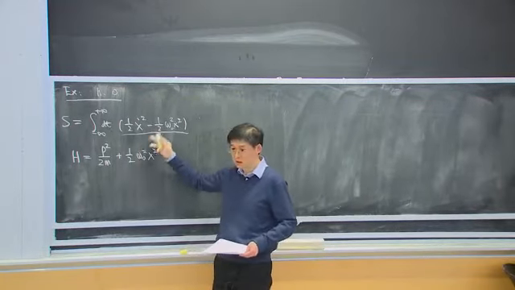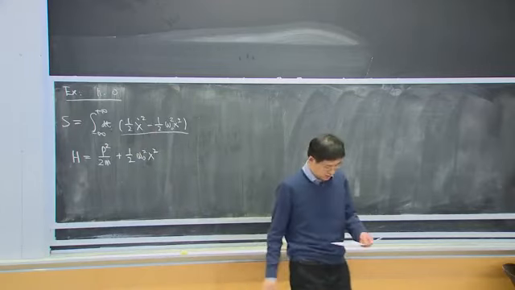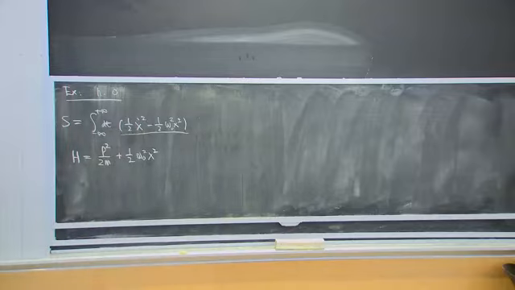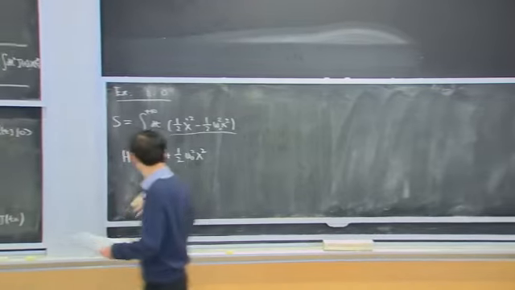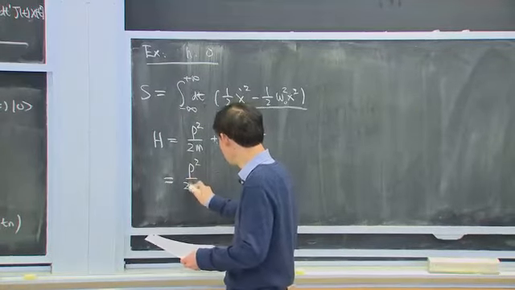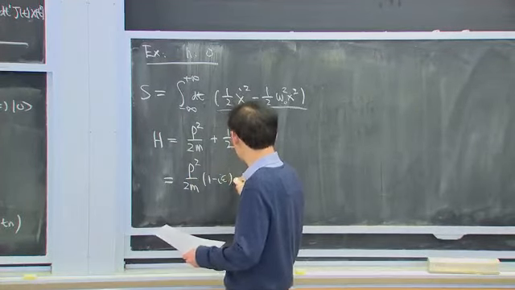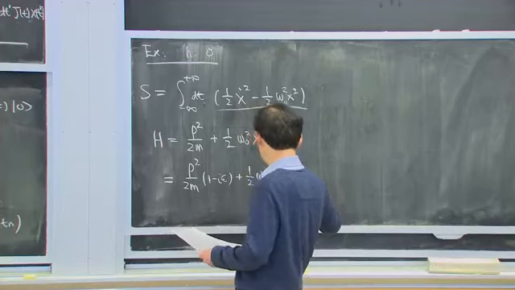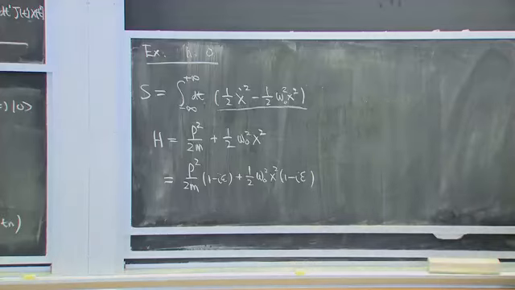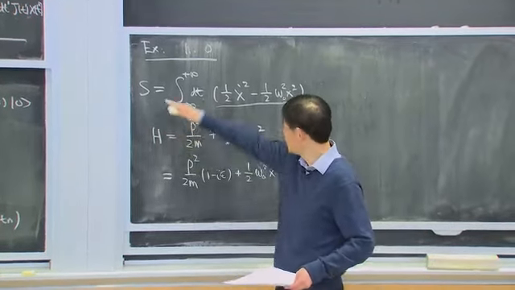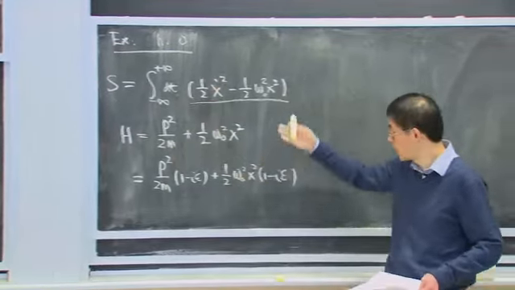They are related by the Legendre transform. Now we go from H to H minus i epsilon, so this becomes p squared divided by 2m times (1 minus i epsilon), plus 1/2 omega 0 squared x squared times (1 minus i epsilon). You multiply both terms by 1 minus i epsilon. Then to obtain the corresponding S, you do another Legendre transform back to the Lagrangian.